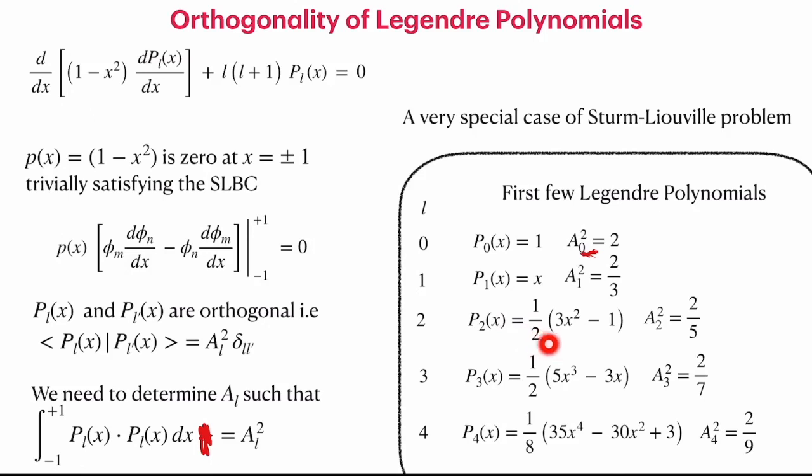Same way, you compute P2, and that A2 square turns out to be 2 by 5. P3, for that case we get A3 square, that is 2 by 7, and A4 square turns out to be 2 by 9, evaluated explicitly using this expression. And from this we can easily generalize: A_L square is equal to 2 by 2L plus 1.